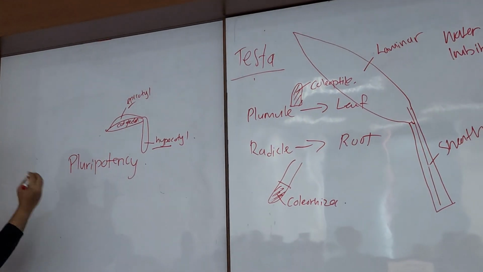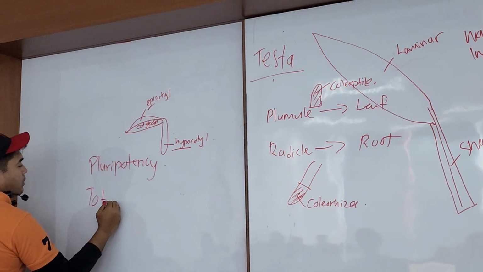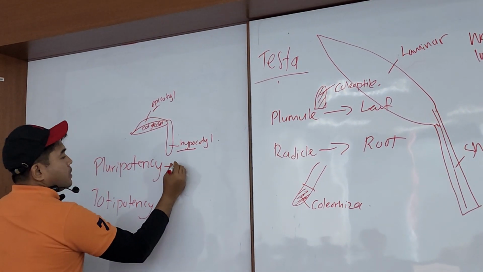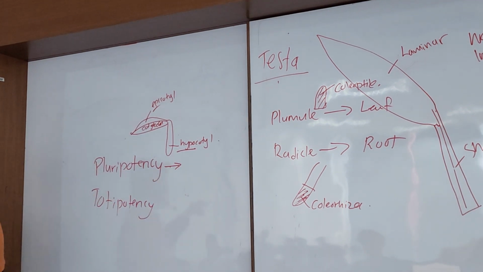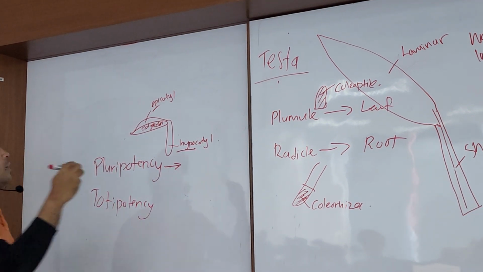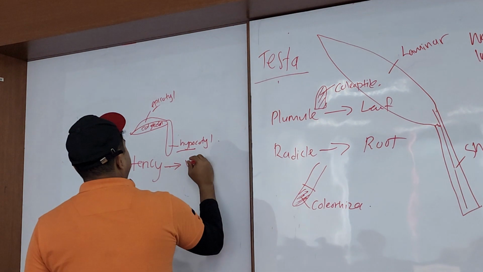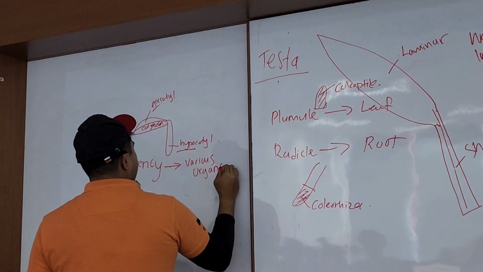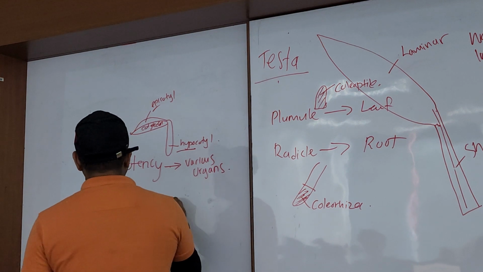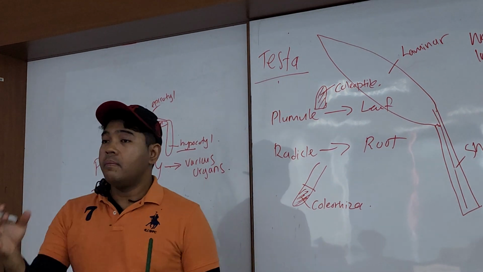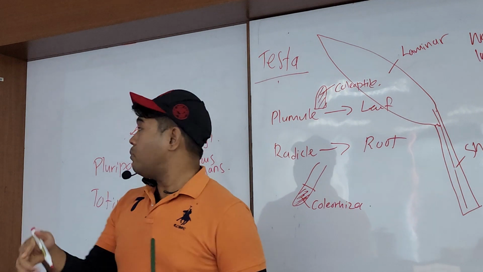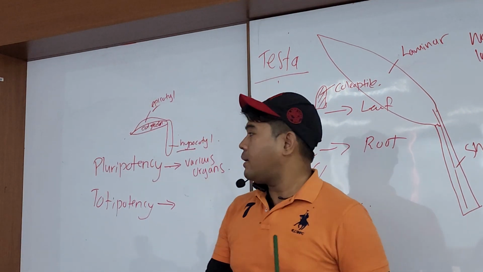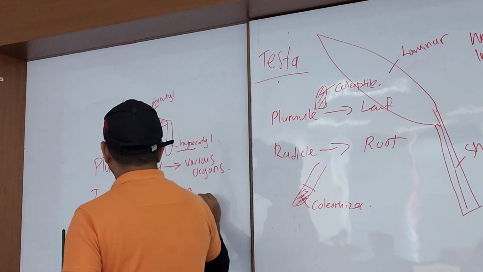There are two: pluripotency and totipotency. Pluripotency means that the mass of cells can give rise to various organs. Totipotency means a mass of undifferentiated cells that can give rise to the whole organism.